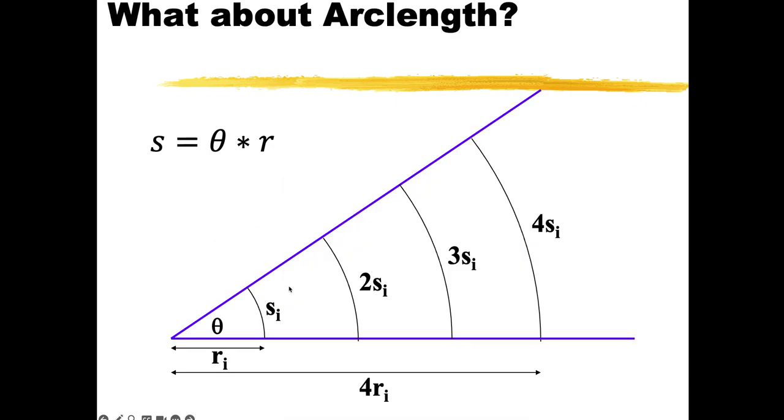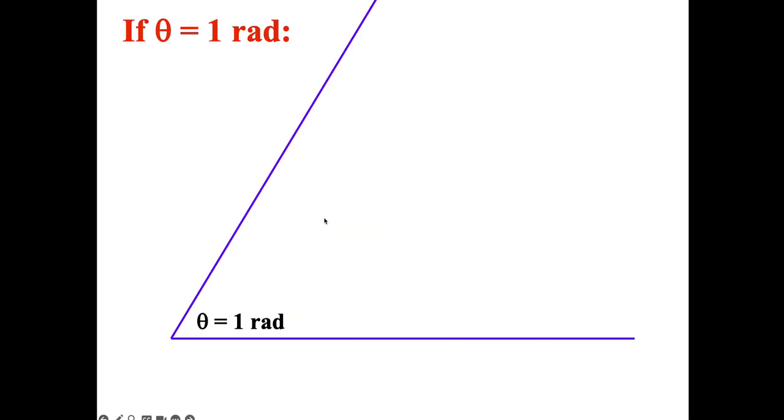Okay, so if we bring that back down to here, notice for the same angle, as I increase the radius to 2, if I multiply this by 2, then the arc length goes up by a factor of 2. Everything tracks. 4 radii gives me 4 of that original arc length. So what if theta was just 1 radian?